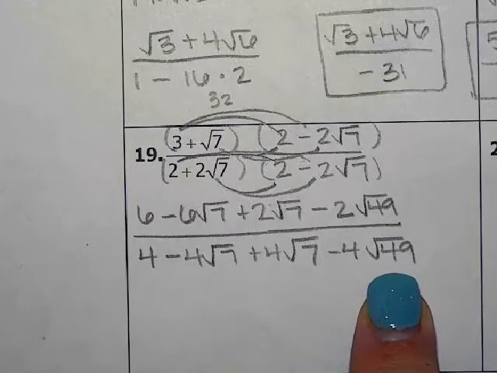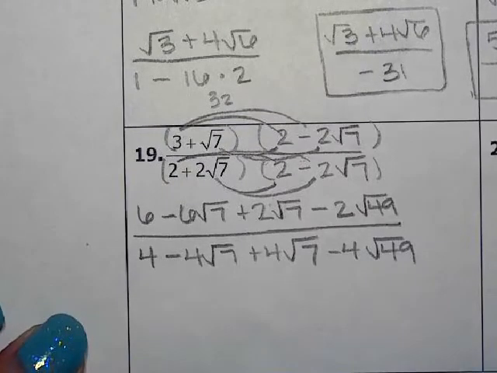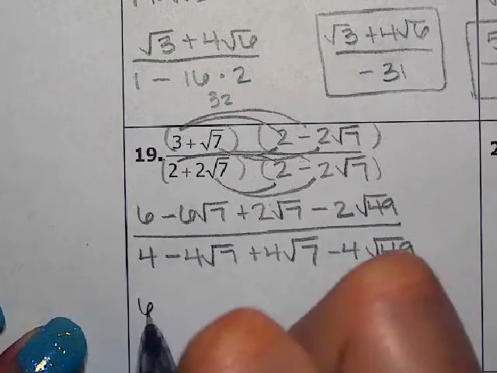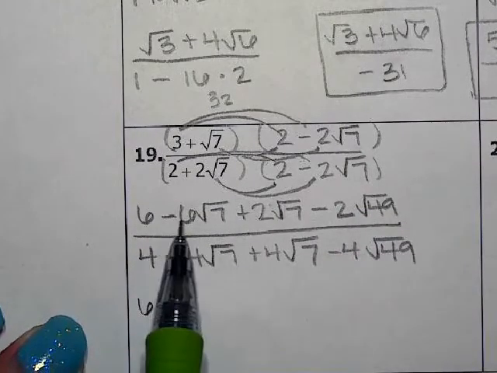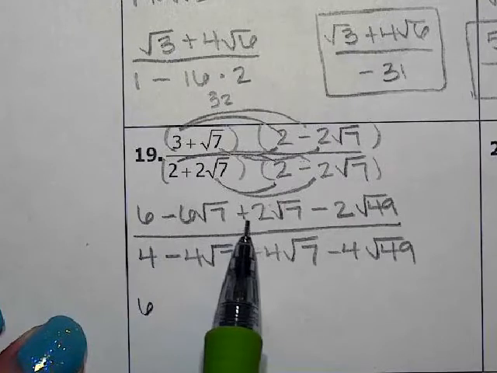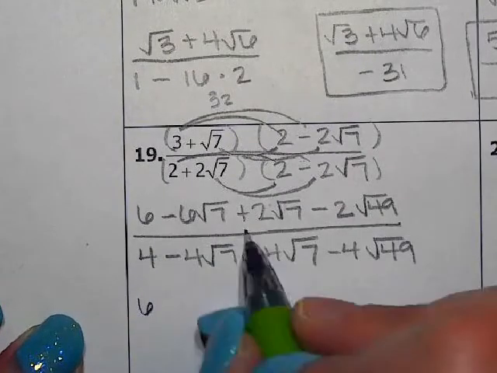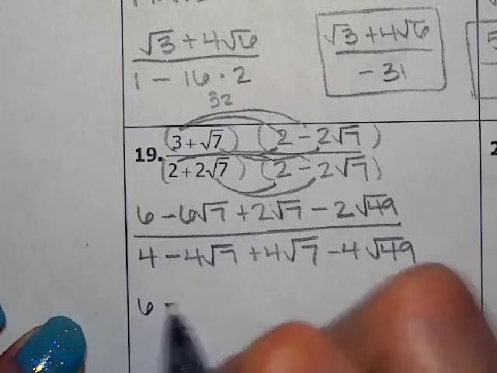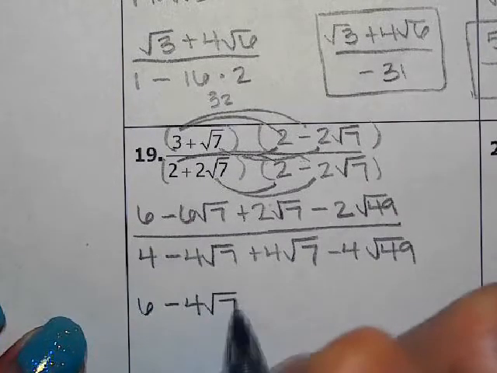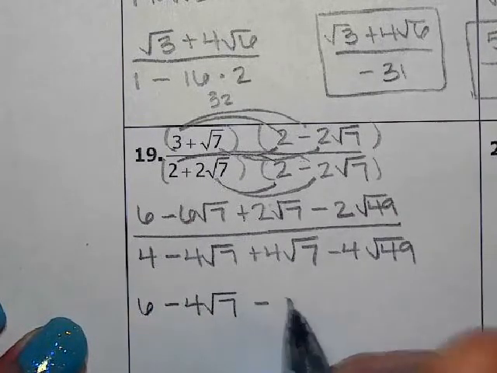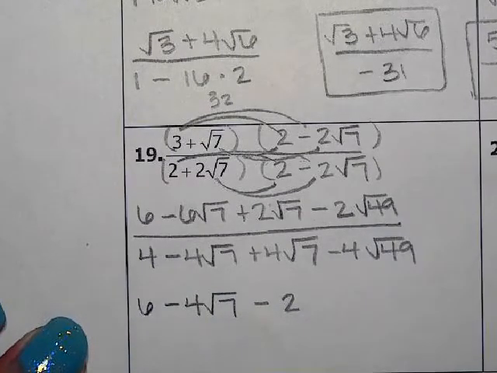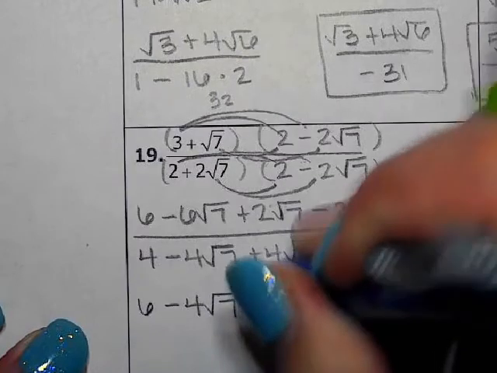Okay. 6 minus 6 root 7 plus 2 root 7, those are like terms. So that would give me negative 4 root 7. And I have 2, square root of 49 is 7. So 2 times 7 is 14.